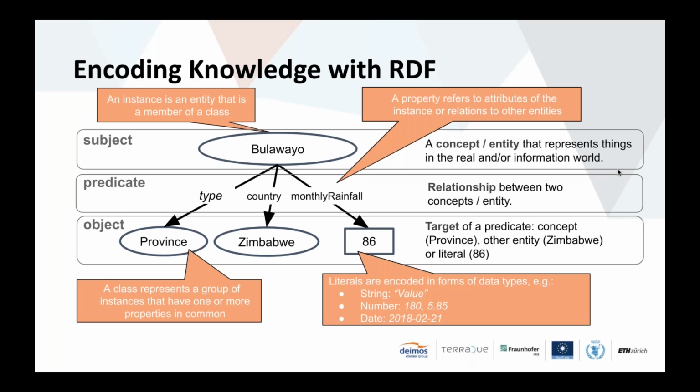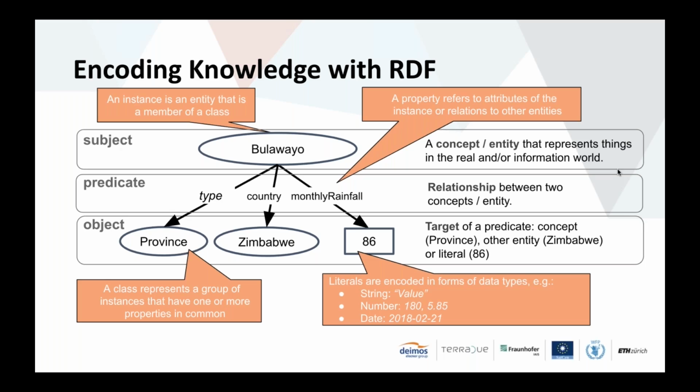And these definitions, that it is a province, that it is in a country, and monthly rainfall, okay, these are defined by ontologies, which say that things like a place can be in a country and it can have a monthly rainfall amount.